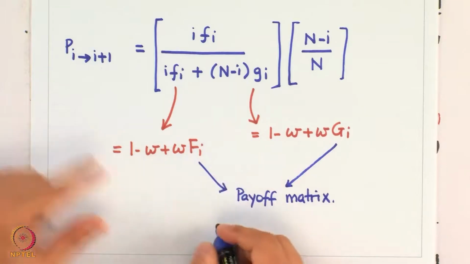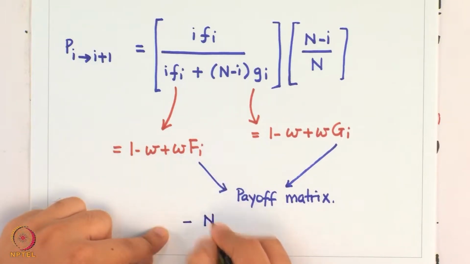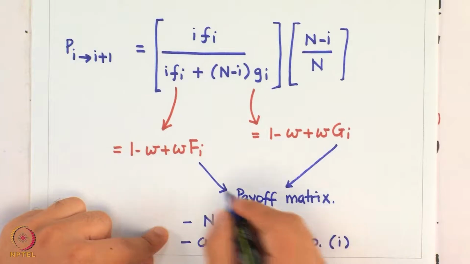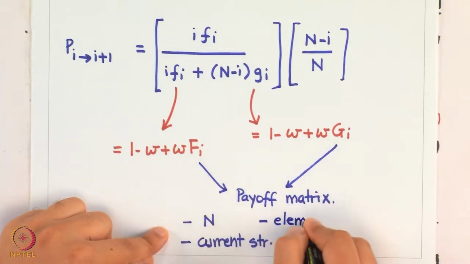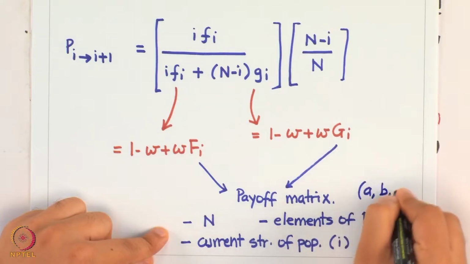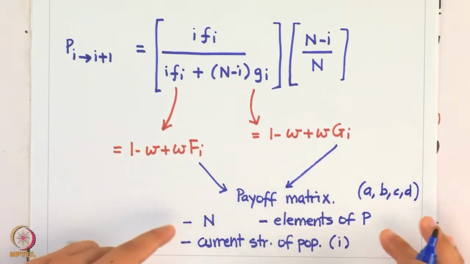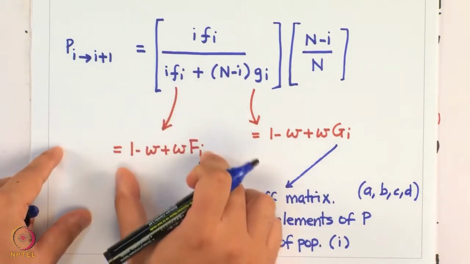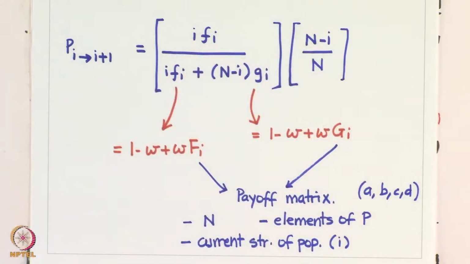Both F and G depend on the population size n and also on the current structure of the population, which is the variable I, and of course on fi and gi, the elements of the payoff matrix, which are just A, B, C, D. If we were to plug the expression for F and the corresponding expression of small fi into this transition probability, we would get an expression that is very involved.